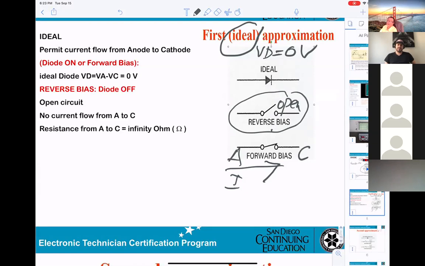That's it. So on a diode, you only must know whether it's on or off. When it's off, the resistance from here to here will be infinity. That means open circuit.